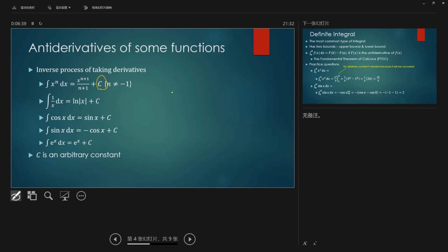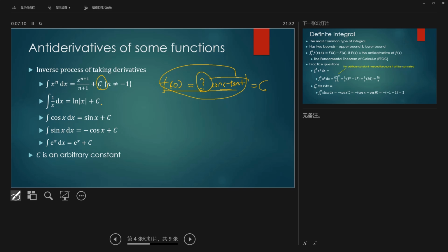For most questions, we don't need to worry about c because they don't give us a certain value of c. So when you see f(0) equals a certain constant, this is the c value. f(0), the whole thing equals c.